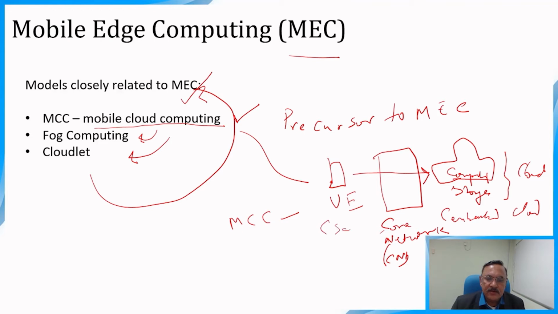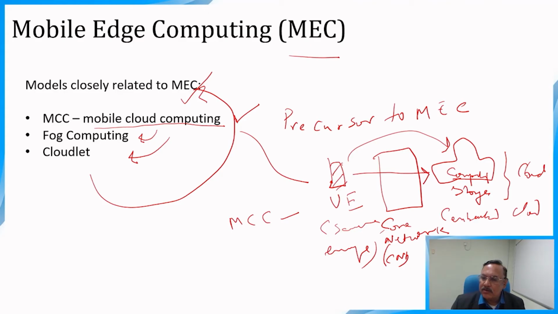It will save the energy of the mobile devices, which are often battery powered, and enable sophisticated applications for the mobile users. Now mobile users are no longer constrained by the computing and storage of the mobile handsets, but can leverage a rich set of computing and storage available in the cloud.